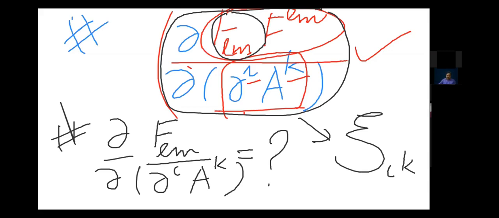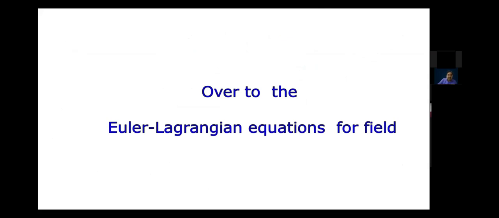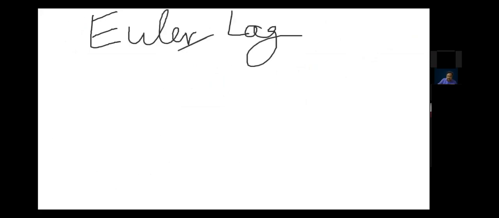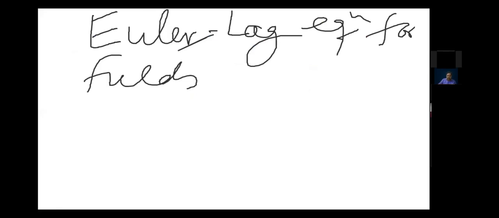Now, having calculated this, you will return to the so-called Euler Lagrange equation for the fields. Okay, Euler Lagrange equation for the fields, right? And those equations I have already written, but I am just repeating them. You can use any kind of indices, any nomenclature of the indices, not the same as I am using.